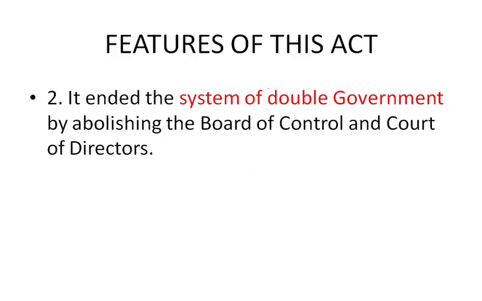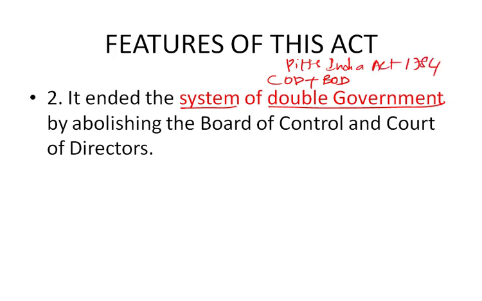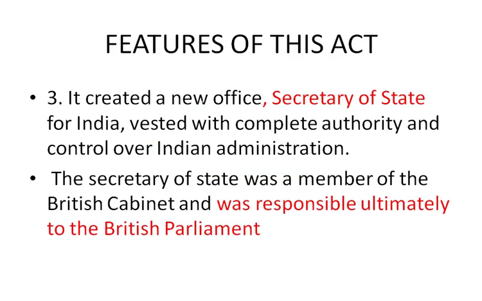And the other feature of this act is that it ended the system of double government in India. The system of double government was started during Pitt's India Act of 1784. So it abolished the Court of Directors and Board of Control and created a new office called Secretary of the State.